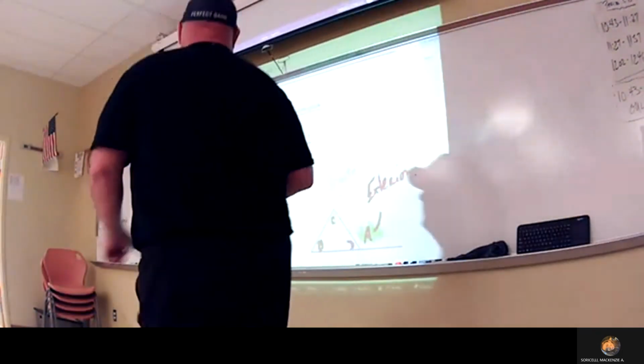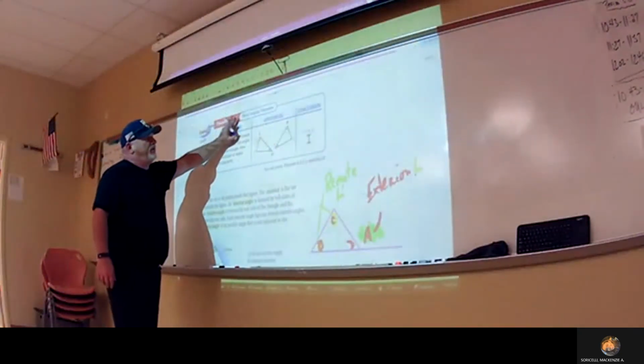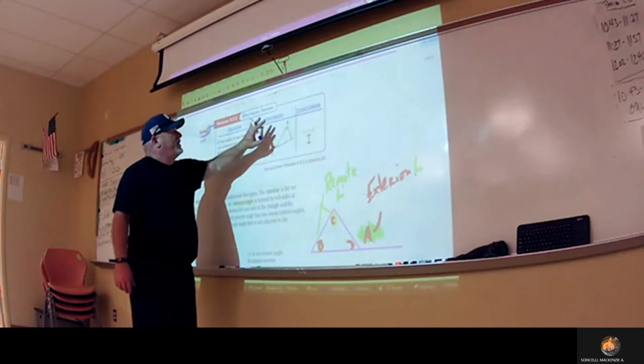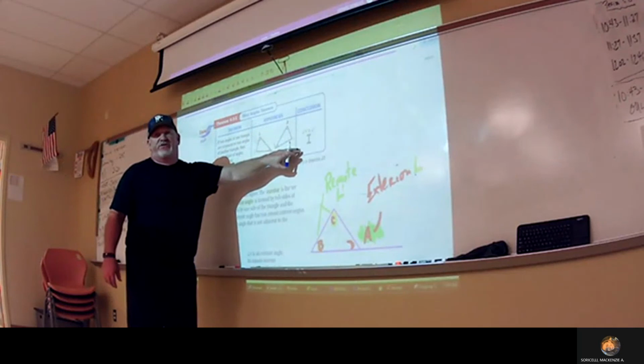Jordan, you ready for this one? All right. The third angles theorem. What it basically says is if we have two angles that match in two different triangles, then the third angle is also going to match.